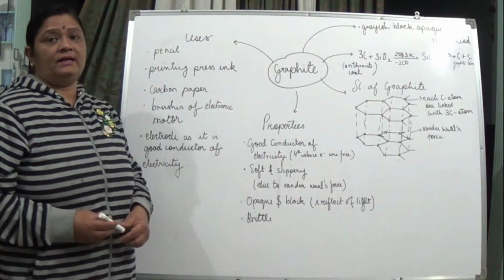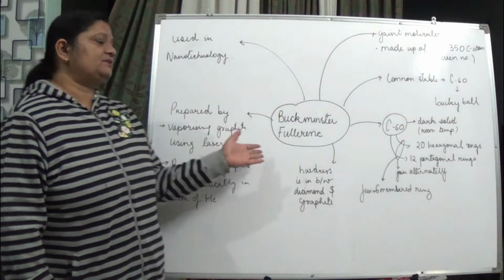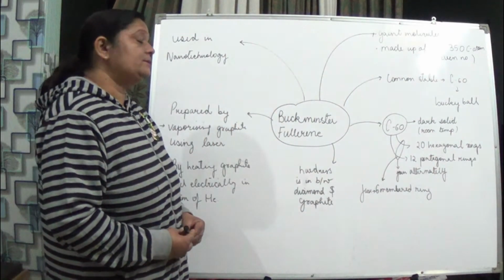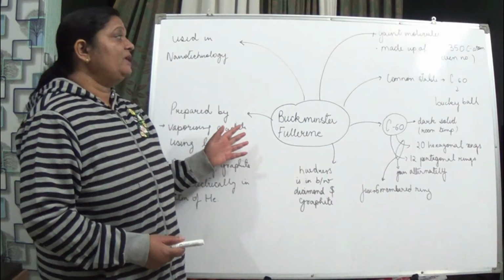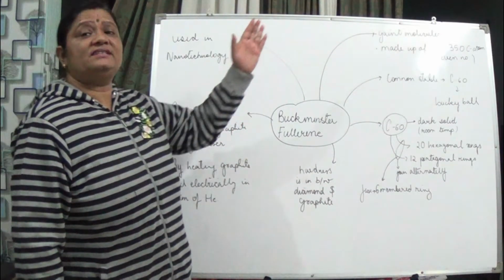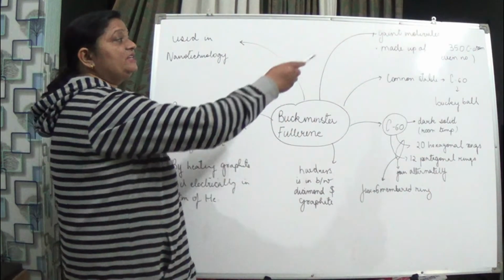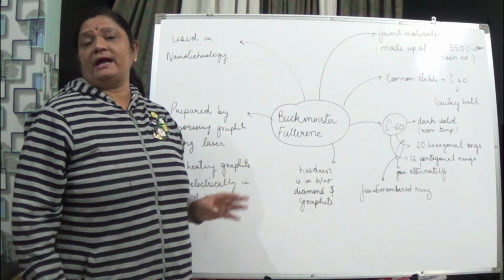Now we will be studying the Fullerene group. Buckminster Fullerene is named after an American scientist, R. Buckminster Fuller. These are giant molecules, very big molecules, made up of 60 to 350 carbon atoms, but the number of carbon atoms should be even.